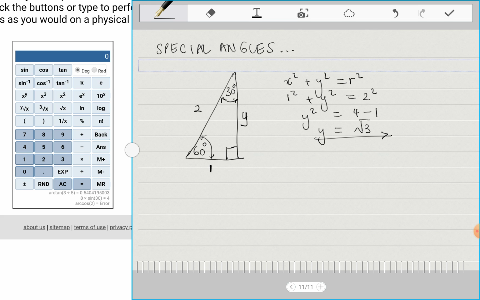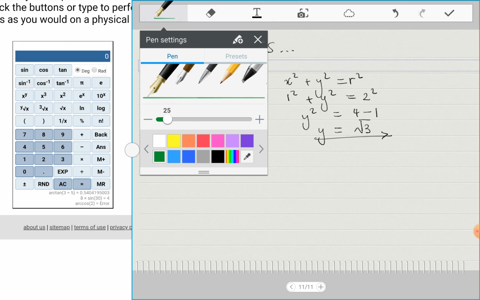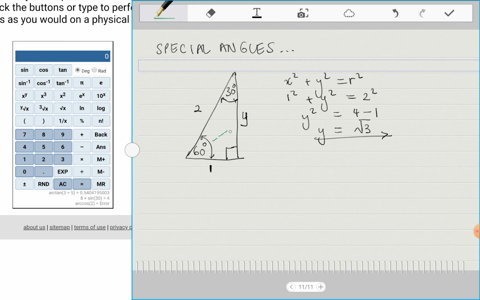Alright, so if we go on and write the trig ratios for this, firstly, let's label our little triangle. Let's start with the opposite side. This being the opposite, and we've worked it out, it's root 3.